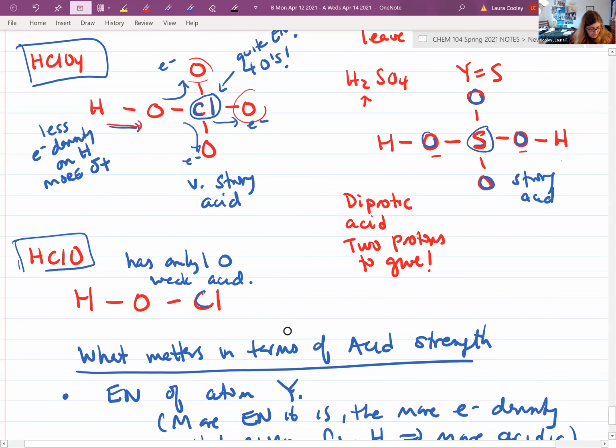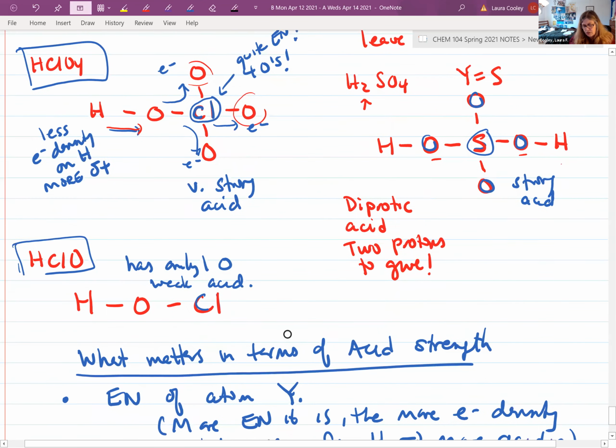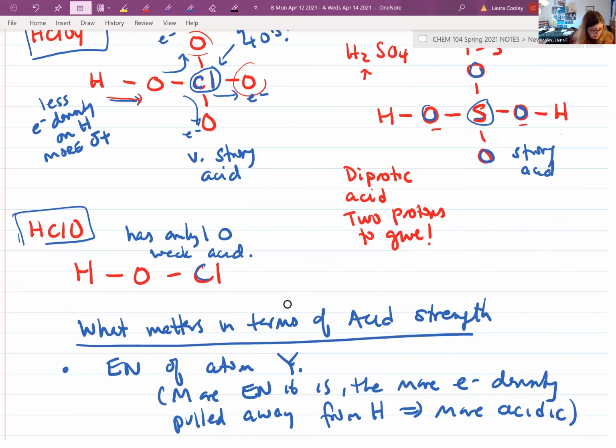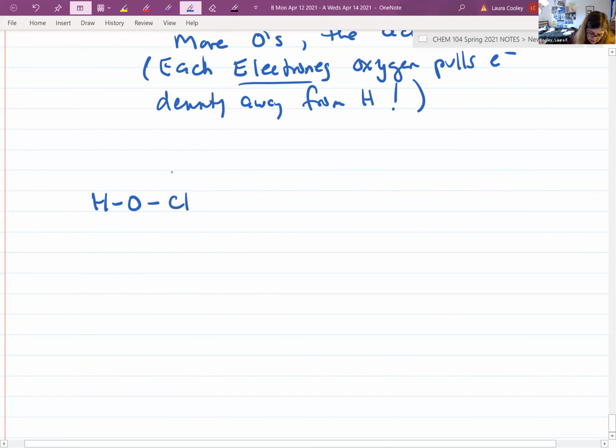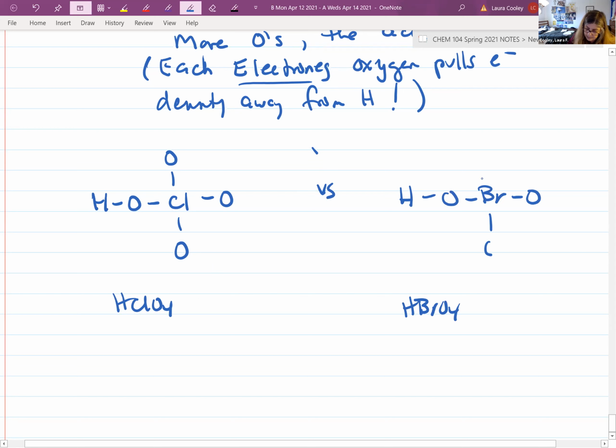And so there are certain things that you could say, like, for example, what if you had HClO4 versus HBrO4? Which is stronger? Well, what's the only difference here?